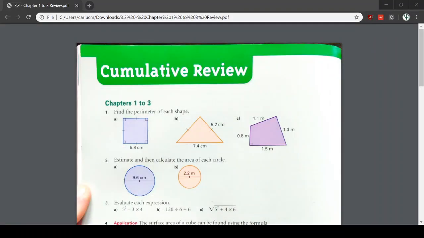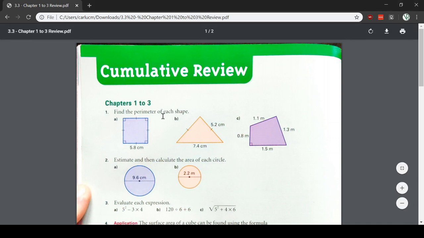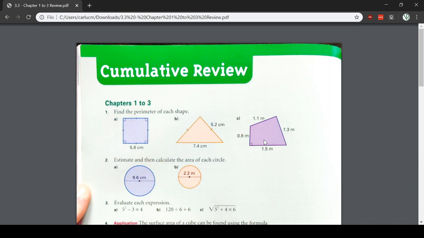Getting started here, we're looking at the cumulative review out of the textbook. And so the first couple questions here, we're looking at the perimeter of each shape. We have a square, a triangle, and a quadrilateral.